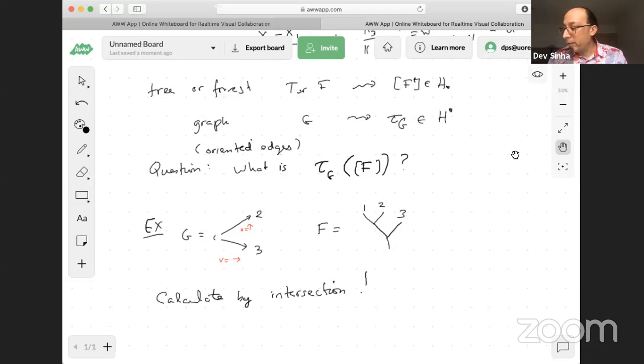By the way, this is in a few different papers of mine. Time's going to end and we'll switch Zooms, so you'll have to quit out of this one and go to the next one. But this is in a paper called the non-equivariant, I put it in parentheses, homology of the little disks operad.